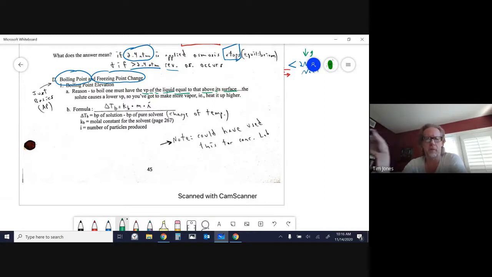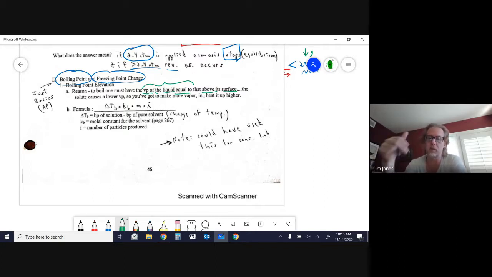If you put stuff in the water, what it does is it makes it harder for the water to evaporate. So it makes this process here more difficult. In other words, there are interactions between the solute and the water solvent that cause the water to not be able to vaporize so easily.